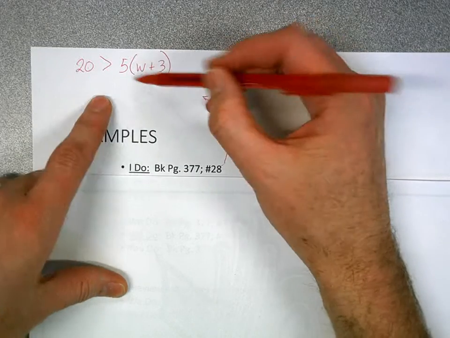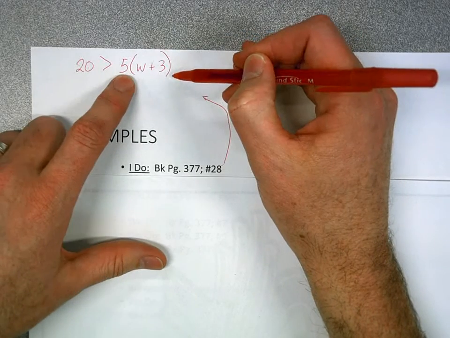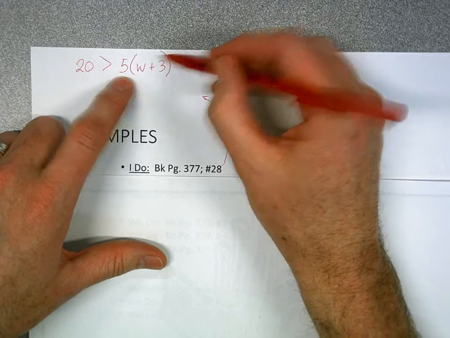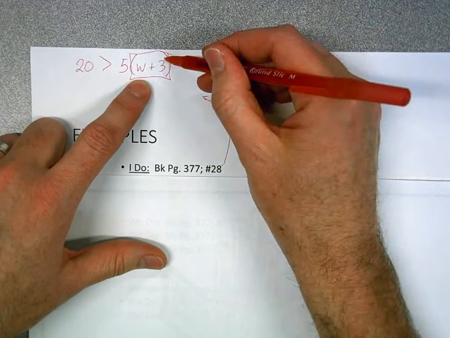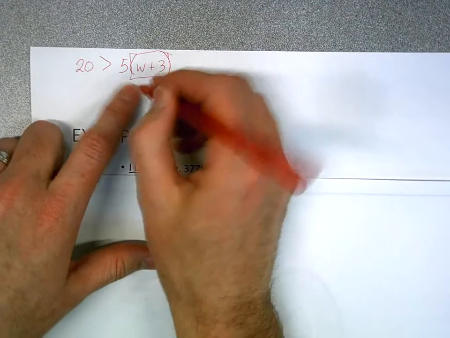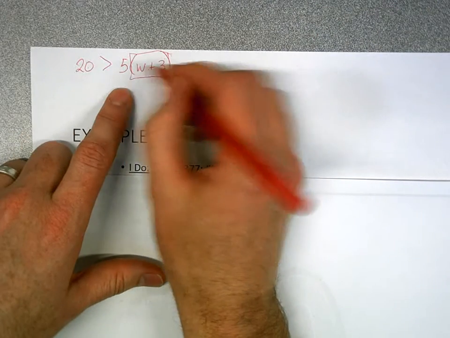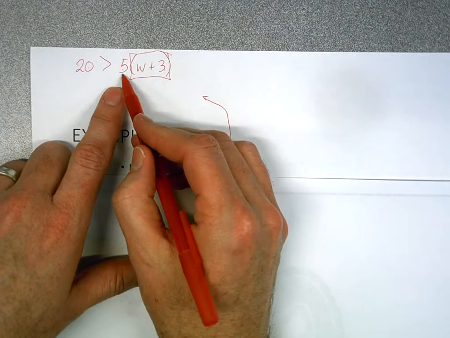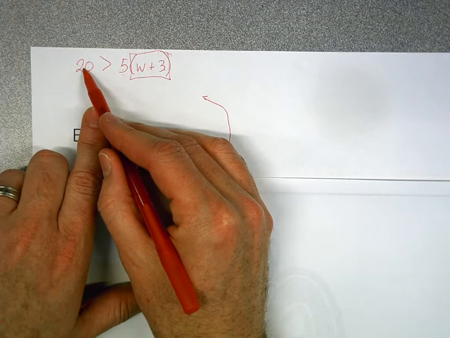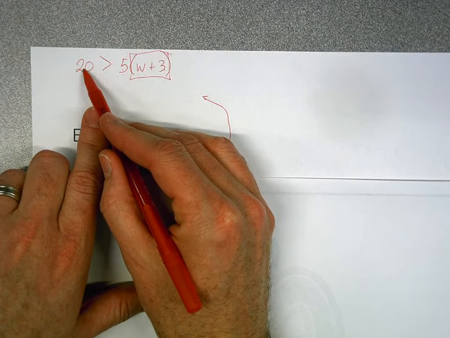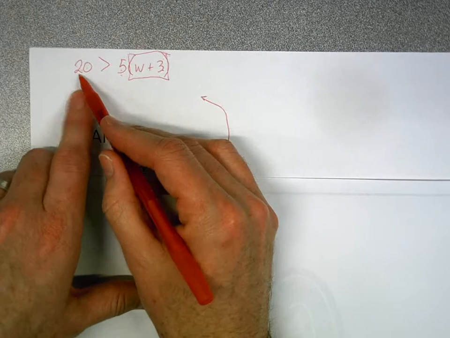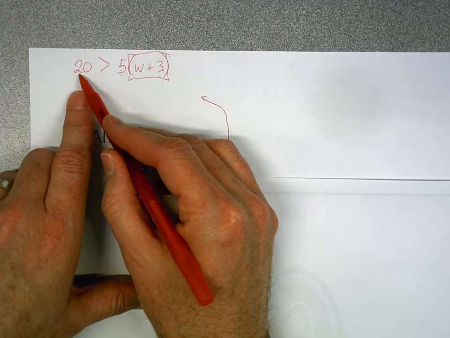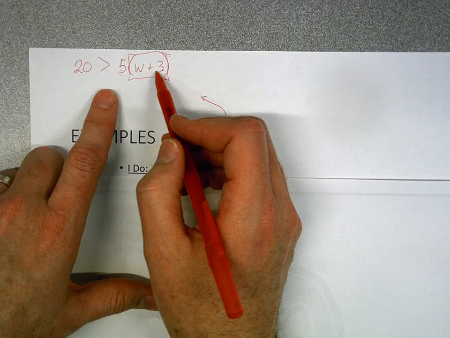Or, and we've talked about this before, I can take this whole set of parentheses here, this whole value, and it's being multiplied with 5. I'm only going to do this because I know that 20 divided by 5 comes out to a nice even rounded number. So I'm going to try to make it easier on myself. Sometimes, though, that doesn't happen, and therefore I would probably want to do the distributive property.